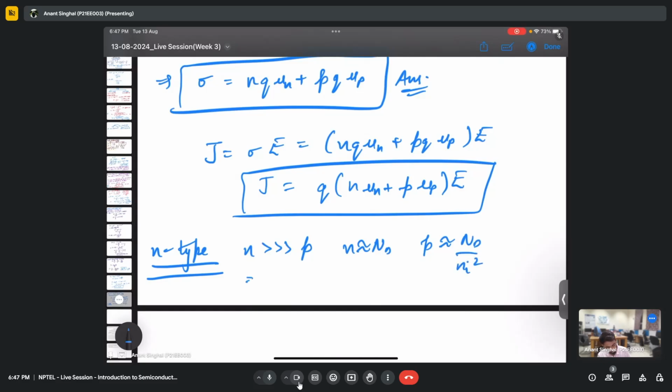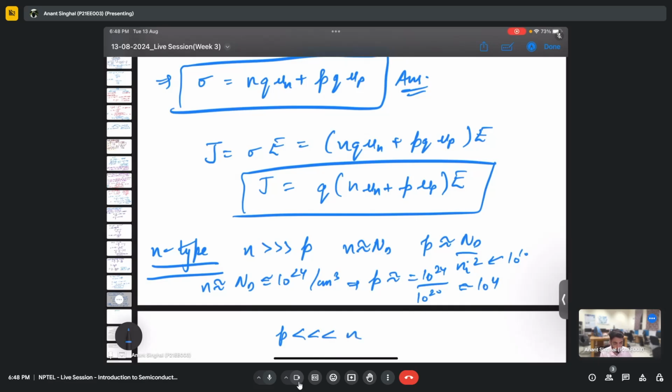So even if I take an example where, let's say, N is 10 raised to power maybe 24 per centimeter cube, which is equal to ND for an N-type semiconductor, and let's say Ni is 10 raised to power 10, then P will be 10 raised to power 20 divided by 10 raised to power 24, which is approximately 10 raised to power minus 4. So P is very, very much less than N for any N-type semiconductor.